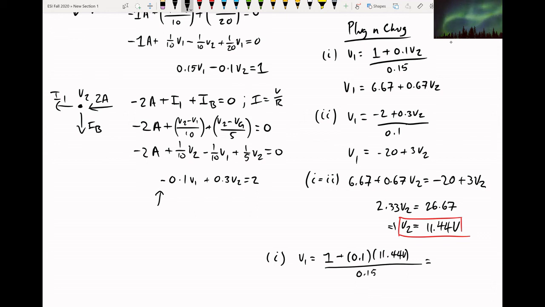And if we do that quick math, we get 14.33 volts for V of 1.